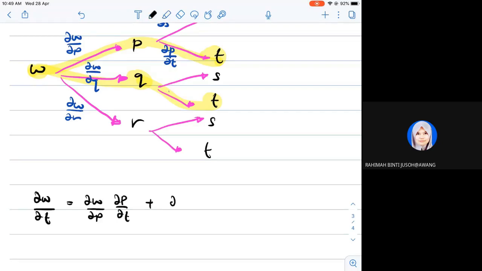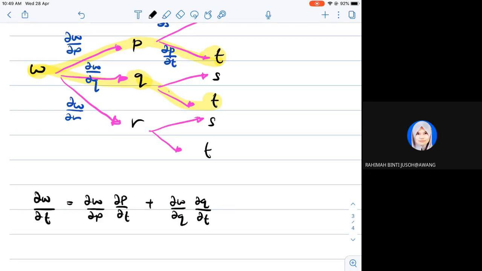So we have del W over del Q and then apa? Darab dengan apa? Del Q over del T. Yes, del Q over del T. Okay. That is the second path.